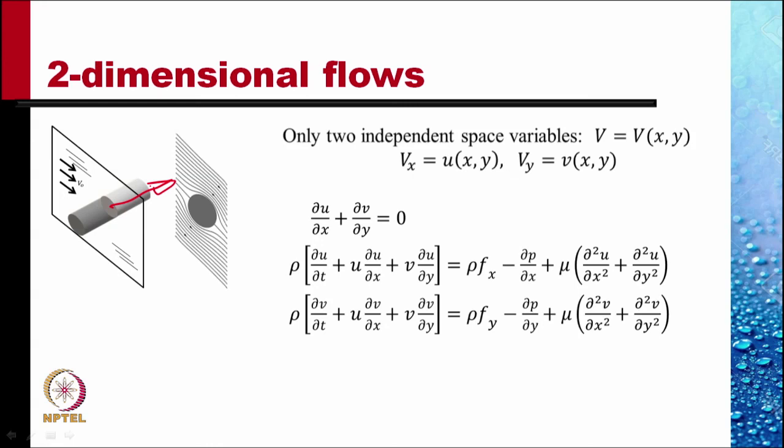Then the equations governing the flow are as listed here. Only two components, u and v, pressure P, only two space coordinates x and y, and of course the time variable.